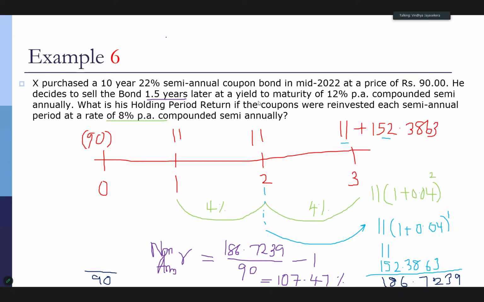Put it into the equation. And remember, when you're putting it into the equation, you have to consider the number of periods, and R is for the period. Are you taking that into account? R is for the period, right?